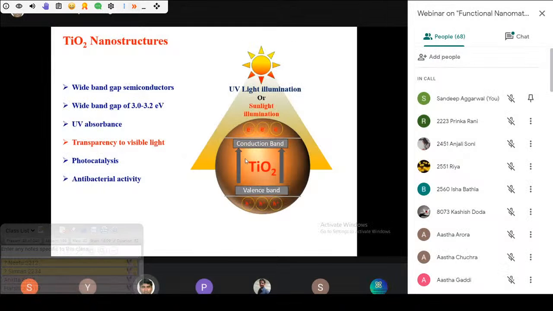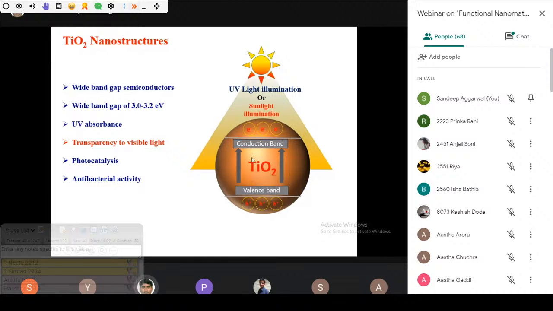So if I say that for TiO2 the band gap is 3 or 3.2 electron volt, and this electron volt corresponds to UV light, I can say from 200 to 300 nanometer in terms of wavelength.